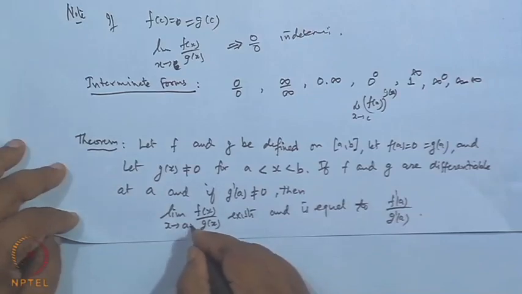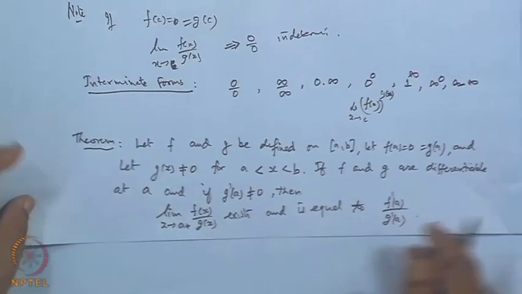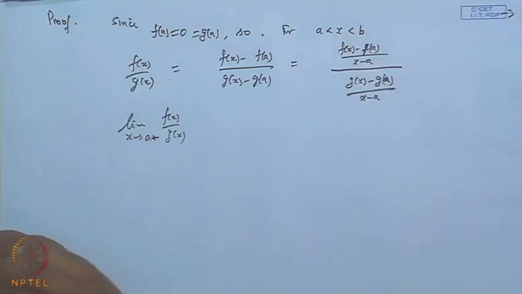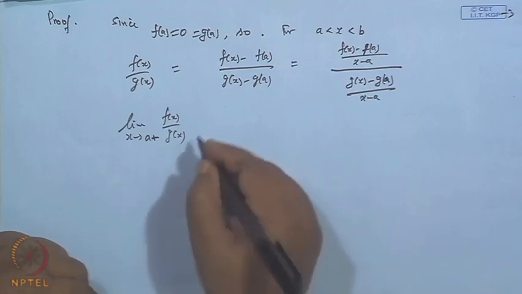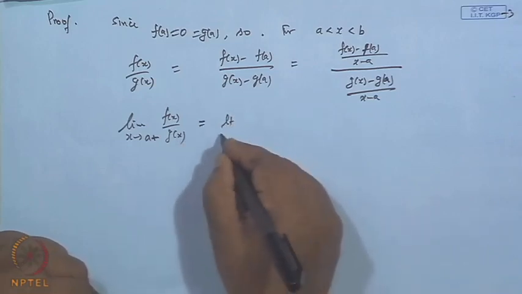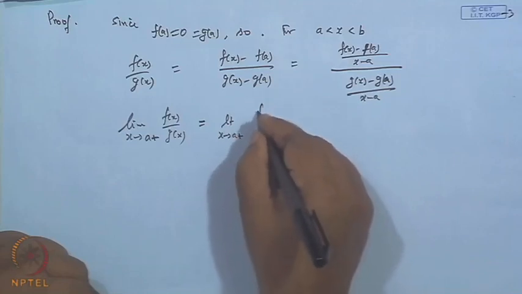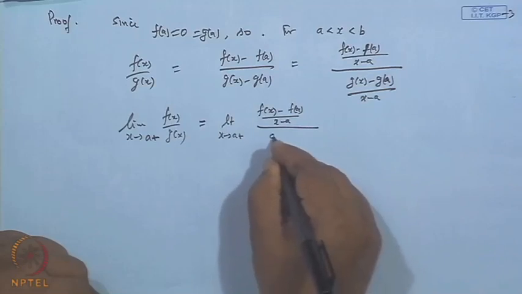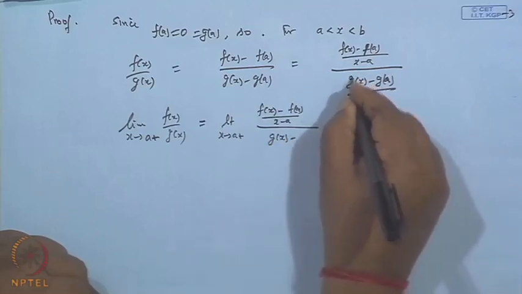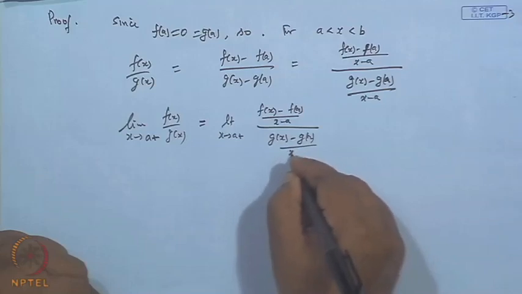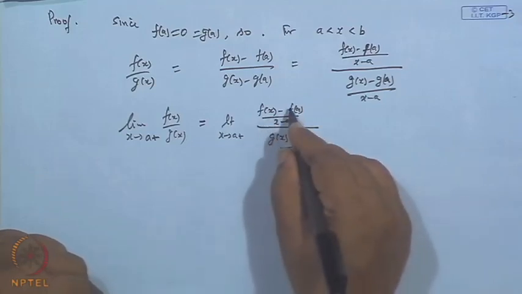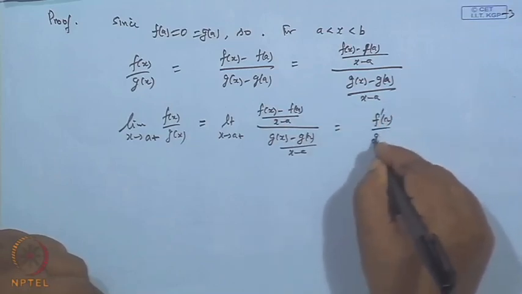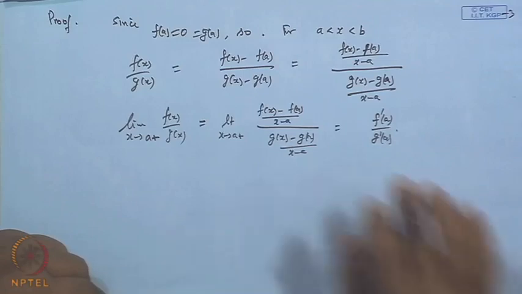So, let us take a plus here. The limit of f(x) over g(x) as x tends to a plus is the limit of f(x) minus f(a) over x minus a, divided by g(x) minus g(a) over x minus a. The limit of the ratio is the ratio of the limits. So, this goes to f'(a), this goes to g'(a), hence the result follows.